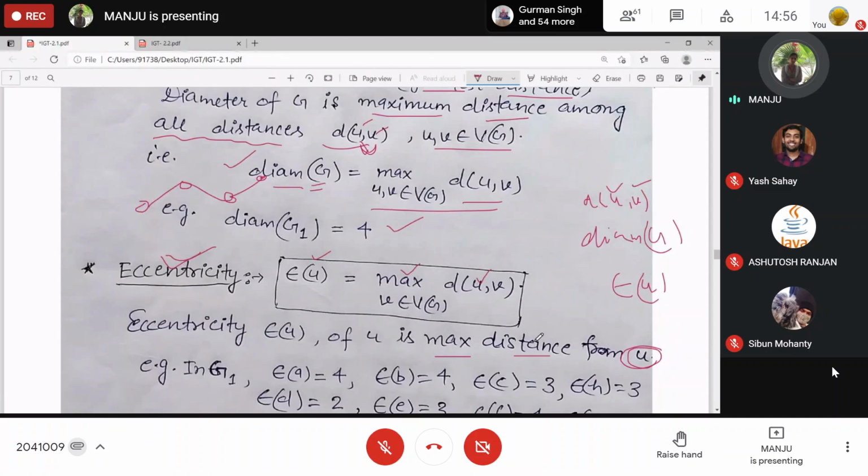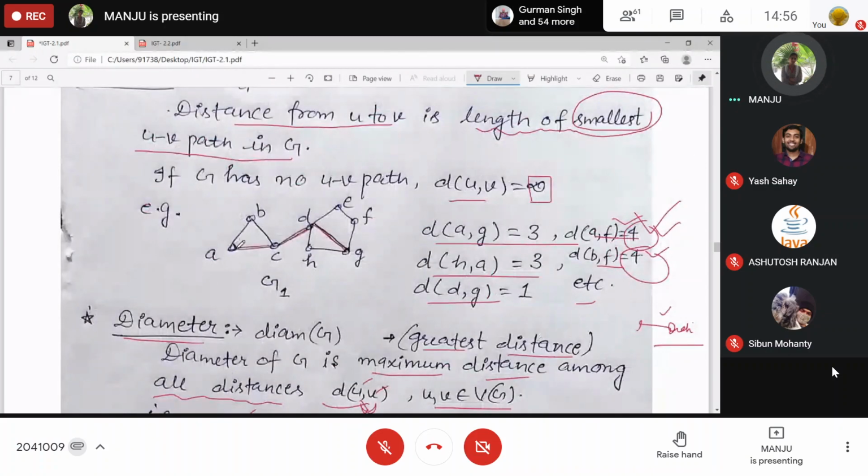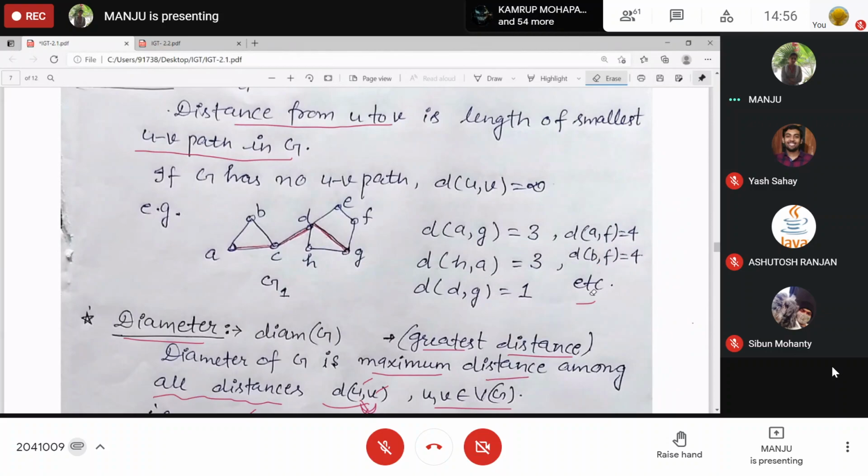Now you find the eccentricity of all vertices of G1. Eccentricity of A. Maximum distance is 4 from A. And that distance is via G to F or via E to F. So if A's is 4, then F's will also be 4. Right?